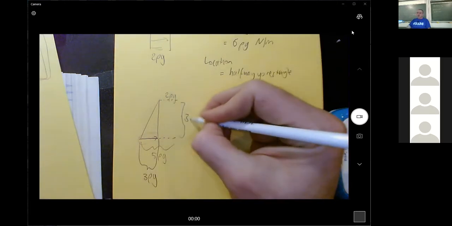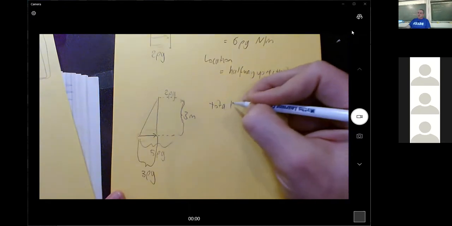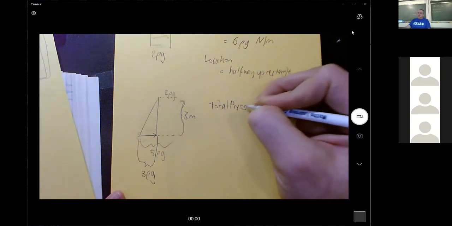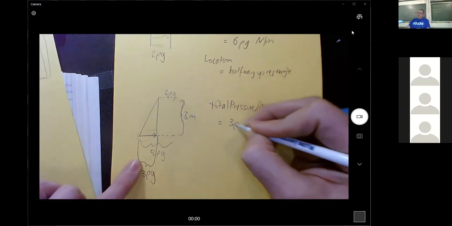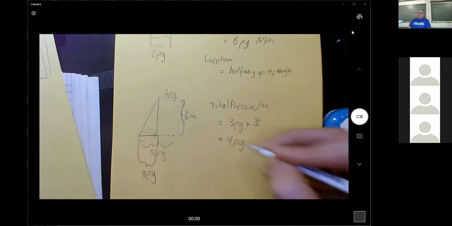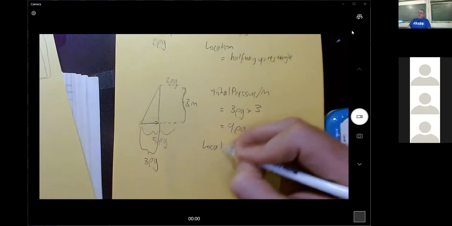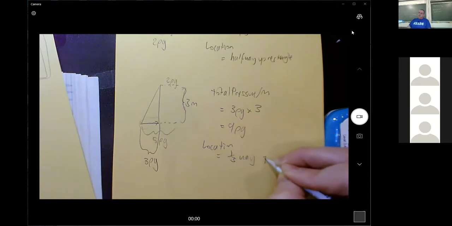And this is 3 meters as well. So the total pressure per meter is 3 rho G times 3. And the location, 1/3 the way up the triangle.